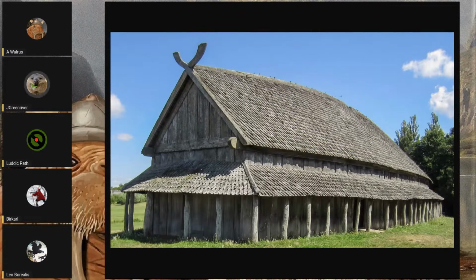Now this doesn't necessarily mean slavery. It also includes apprentices, and so it's more like the Roman way of slavery, or slaves, rather than the American way of slavery.